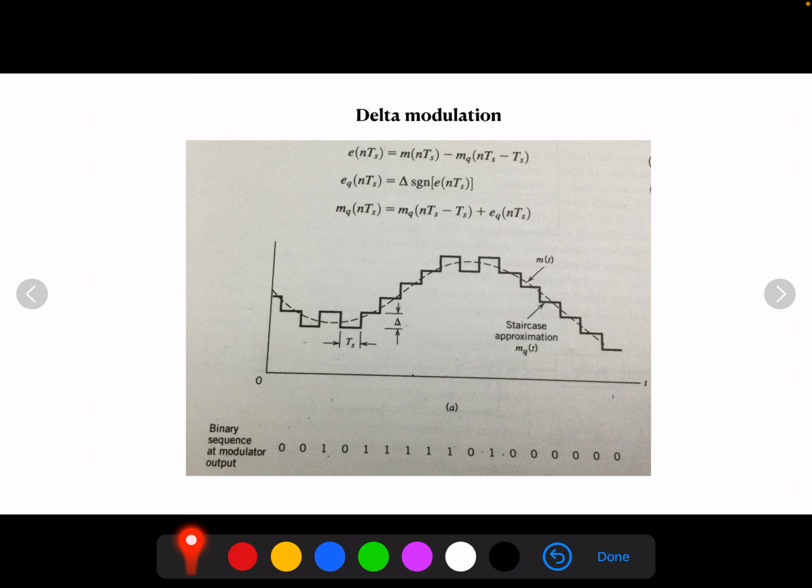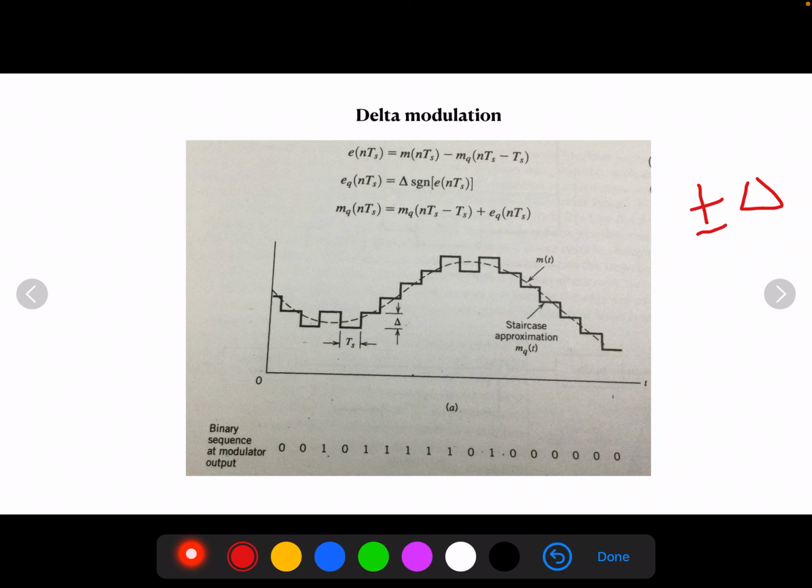In its basic form, delta modulation provides a staircase approximation to the oversampled version of the message signal. The difference between the input and the approximation is quantized into two levels, plus or minus delta, corresponding to positive and negative differences.